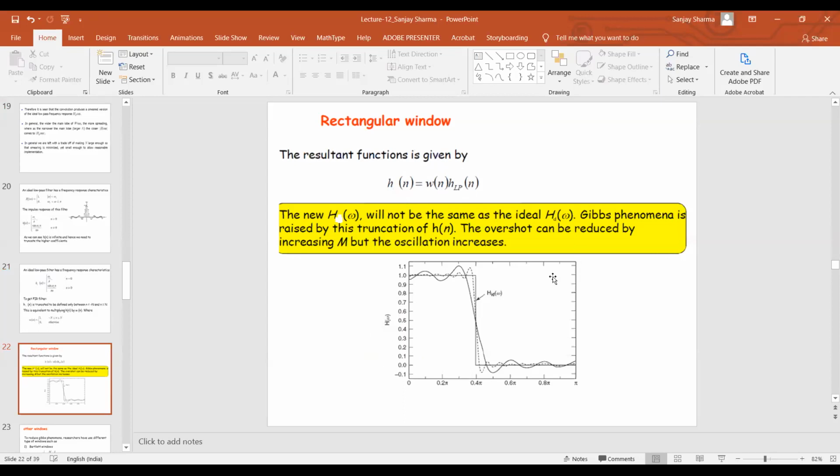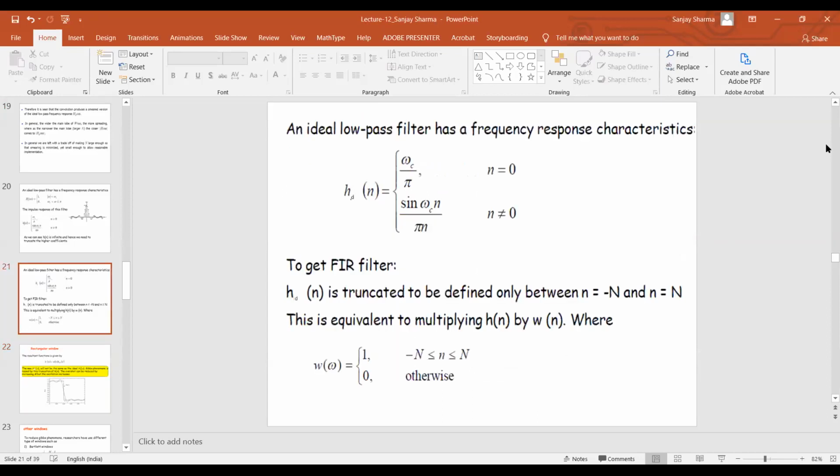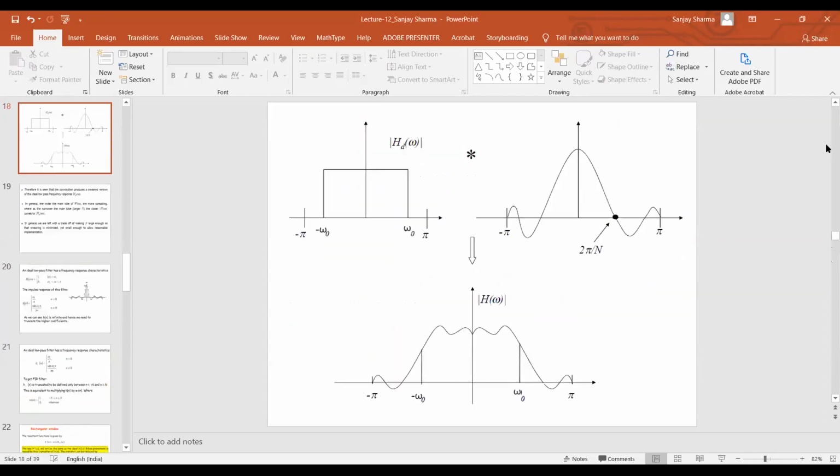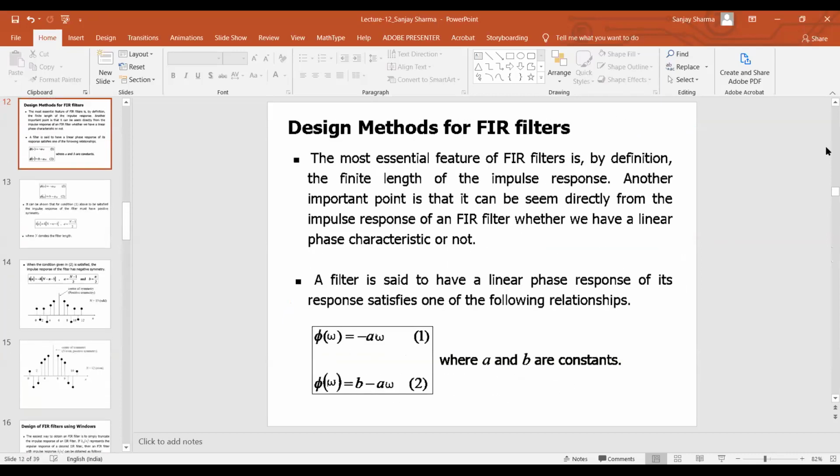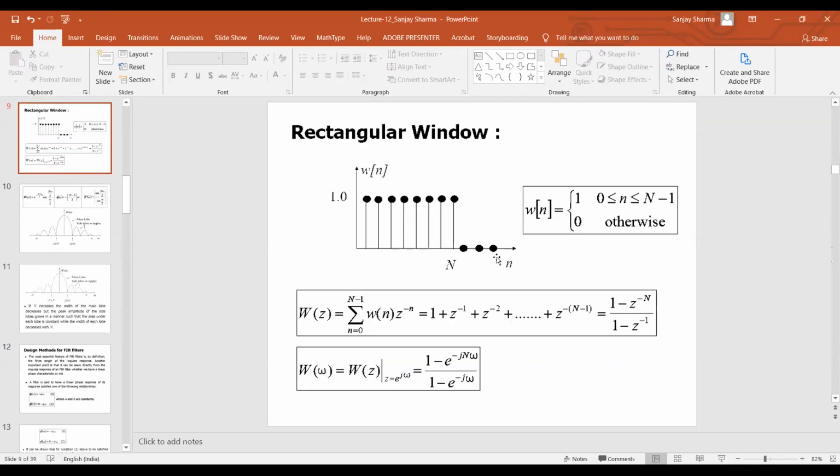So there is a phenomenon which is known as Gibbs phenomenon. If you look at the rectangular window, what is the shape of the rectangular window? This is the shape of the rectangular window.